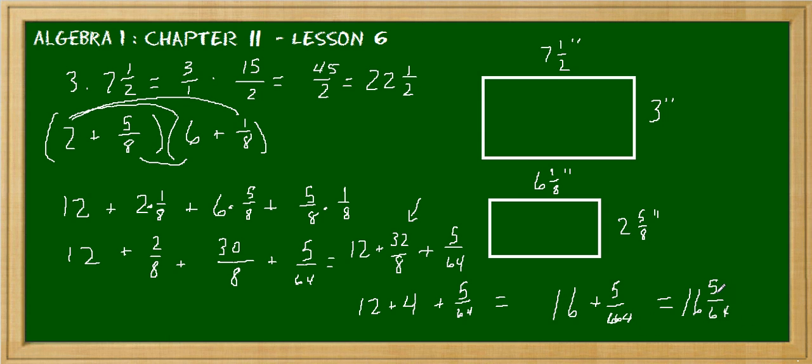So now we can see that by changing each dimension to a fraction before multiplying, okay, we end up with 16 and 5 64ths square inches. So this is what we had here versus this. So now we can see sort of almost apples to apples, the difference between the two. We can see just alone 6 square inches, but this is 1/2 and that's 5 64ths.